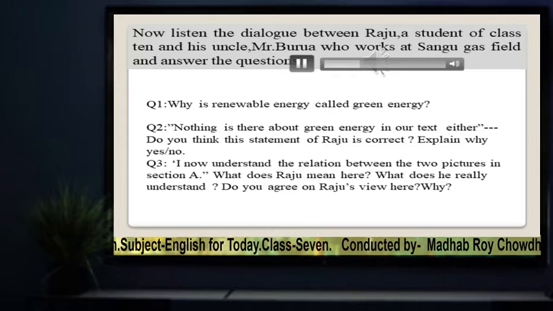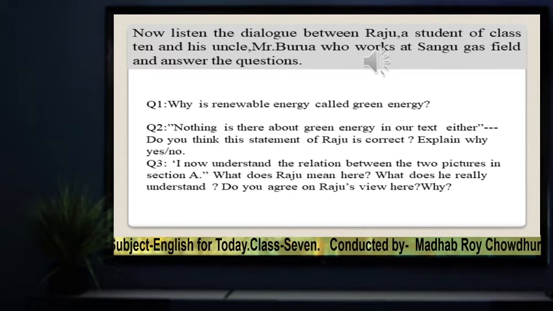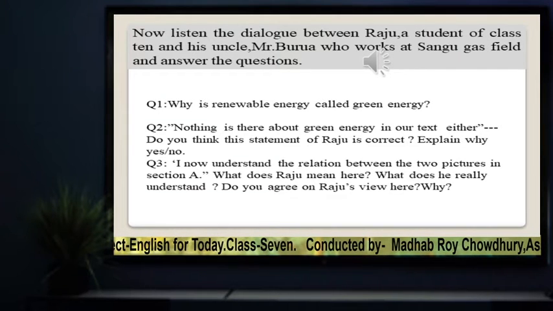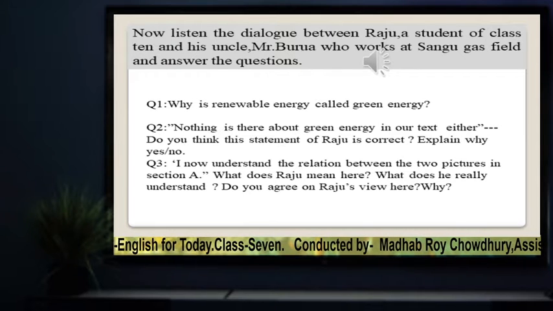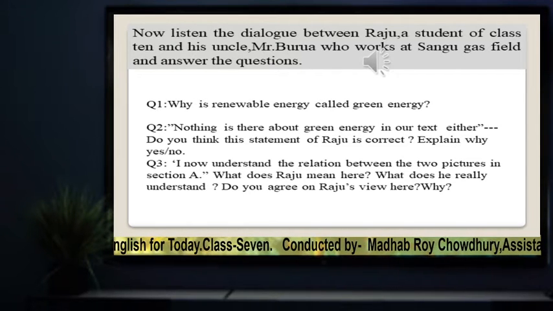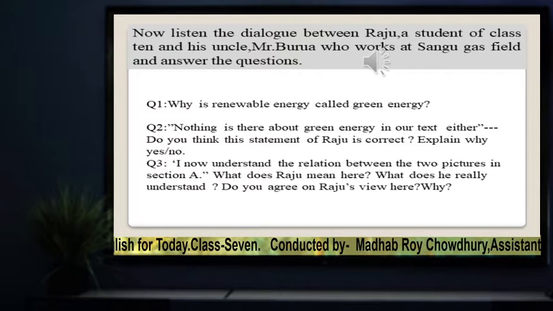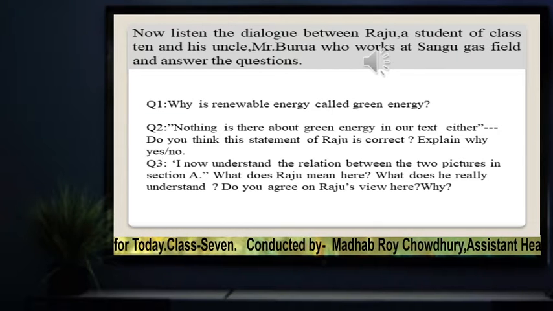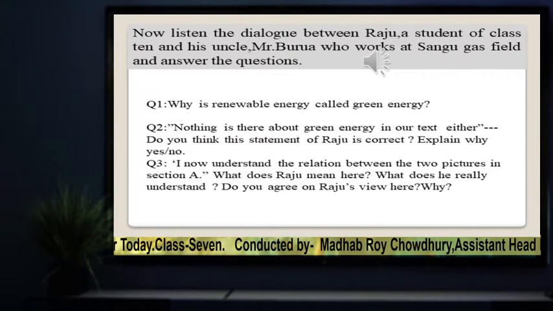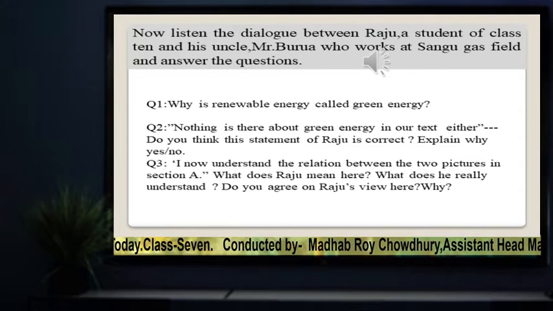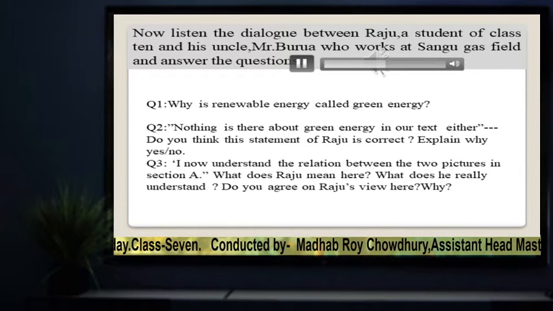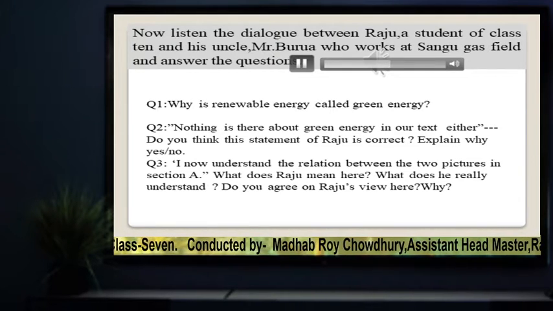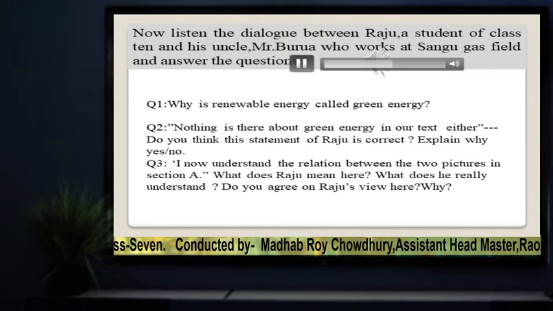See, there's no burning, no smoke, no emission of gases. It's a sort of clean technology and clean energy source. Oh, exactly. That's what our teacher said. I remember. On the other hand, burning fossil fuels, say oil or coal, emits greenhouse gases that harm the environment. Oh, I see. Yes, I've got the clue, uncle. Thanks a lot. I now understand the relation between the two pictures in section A. Green energy sources make a green globe. Excellent.